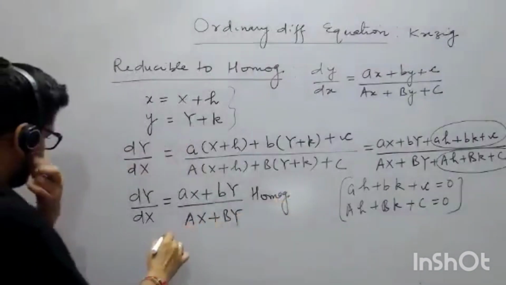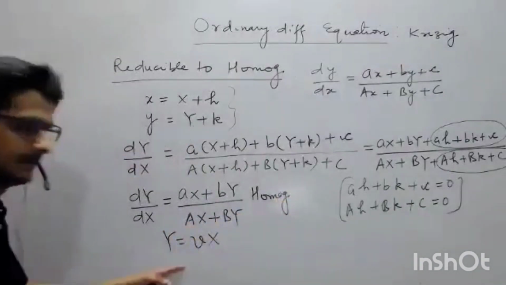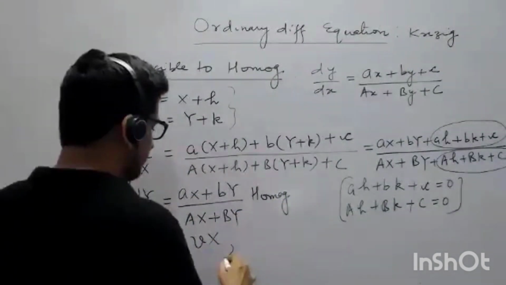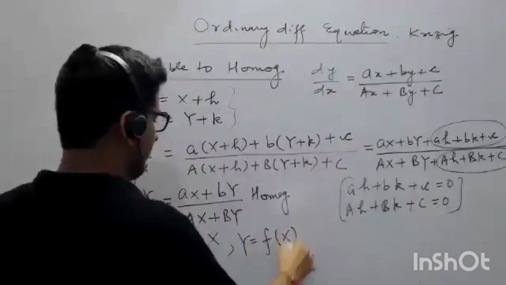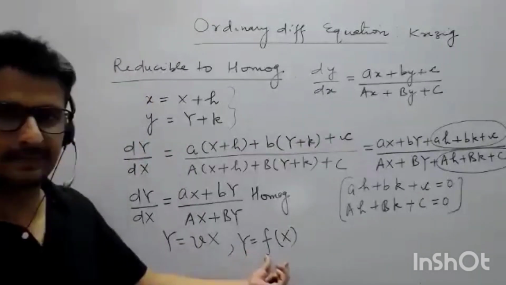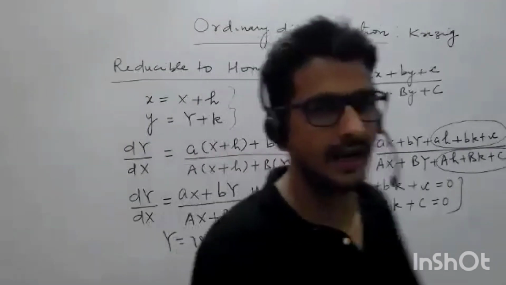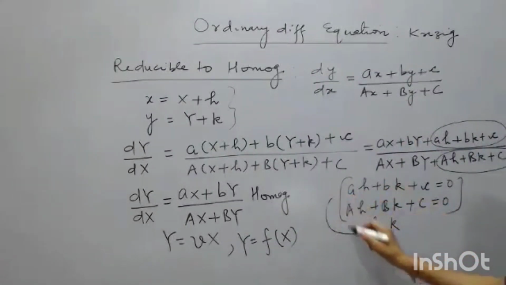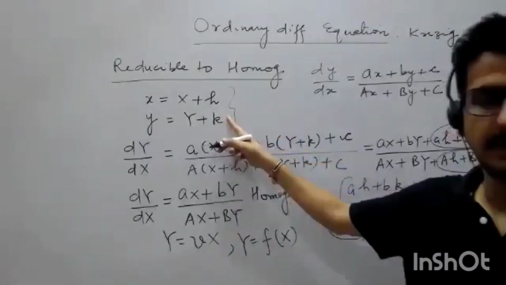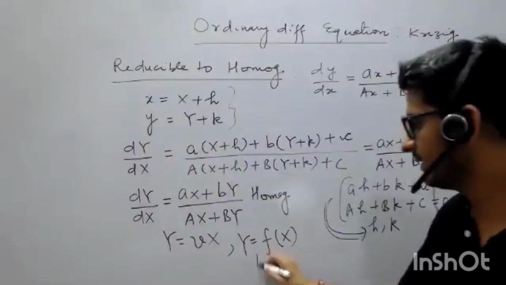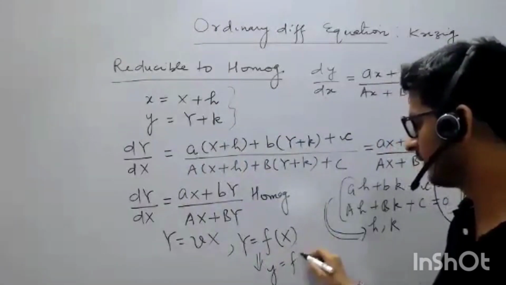You can solve this by putting y is equal to v capital X and making it variable separable. Finally your solution will come as y is equal to some function of x, but we don't need the solution in capital Y and capital X. We need the solution in small y and small x. So you will calculate the values of h and k from these two equations, get the values of capital X and capital Y, and substitute them to get the final solution in the form of y is equal to some f(x).